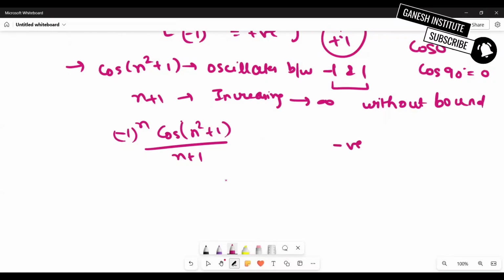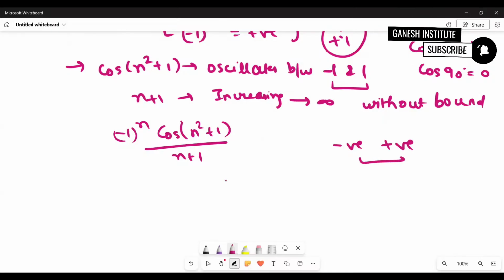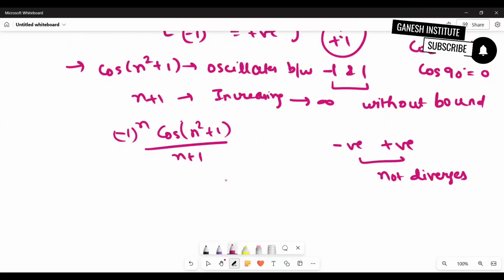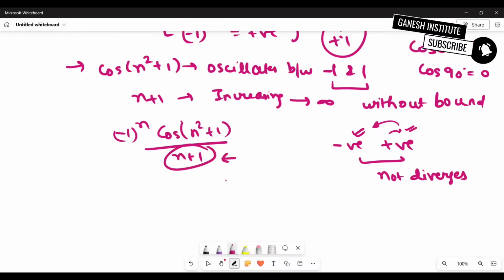If one time it is negative, another time positive, is it totally increasing? No, so it is not diverging. You will write that this sequence does not diverge. Why? Because sometimes you're getting a negative value, sometimes a positive value, so it is restricted to that. Even if it is increasing, it will move back. And n plus 1 is making it smaller.